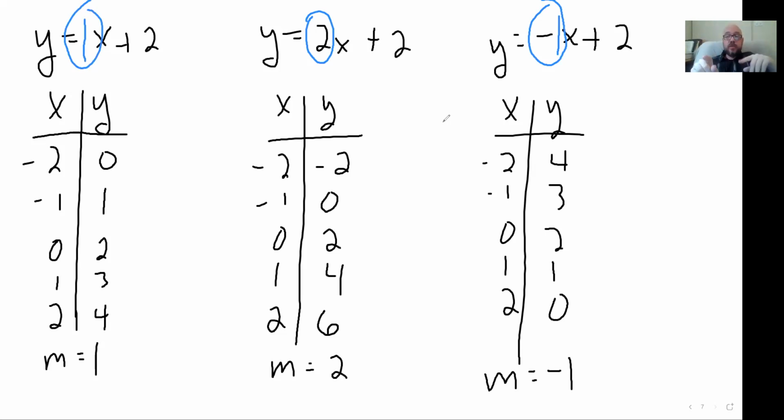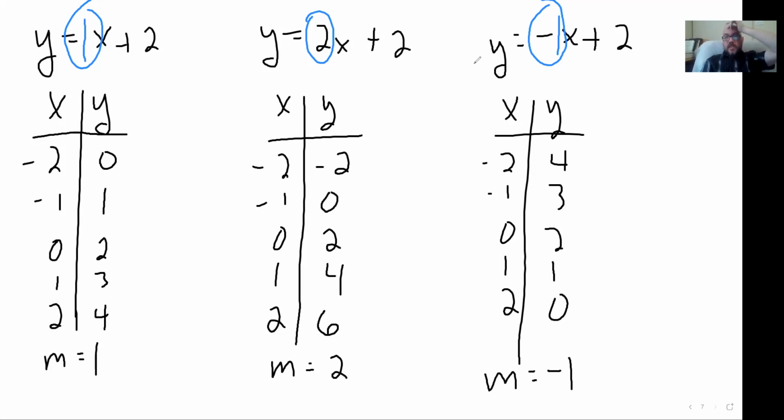Those are the slopes. That is not a coincidence, but I do want to caution you that this only works because I have y equals something. If your line is in a different form, this won't necessarily be the slope. You have to get it into this form first before that makes any sense.